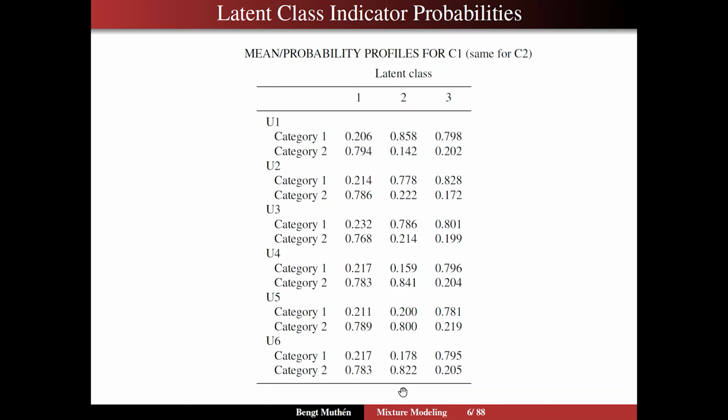So it's a low, high class. And the third class is low, low, low, low, low. Low for all items. And in this case, class 3 turns out to be the most frequent. So that's the normative class, having a low probability of engaging in whatever behavior the U's refer to.